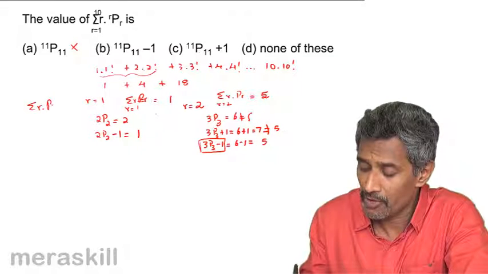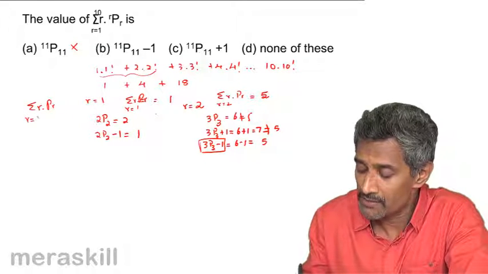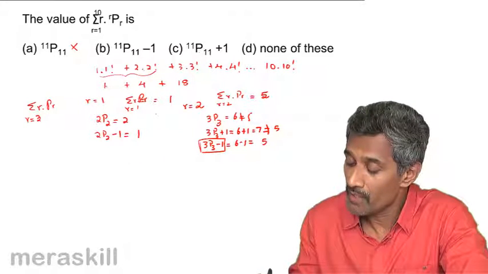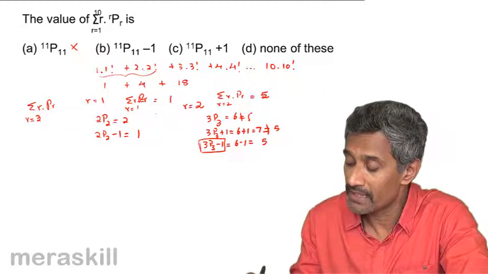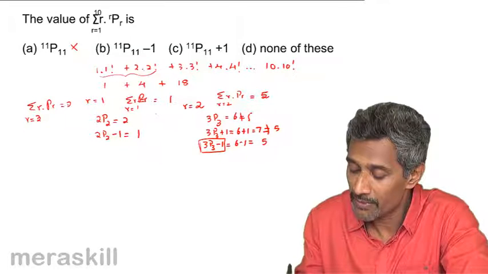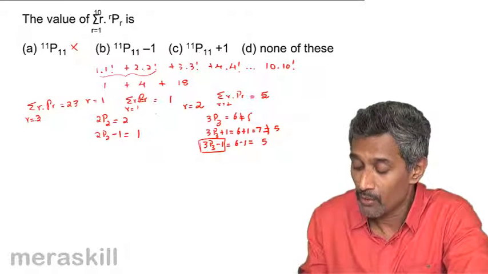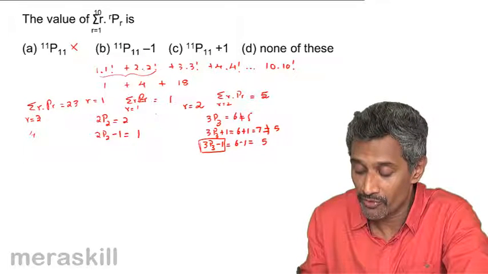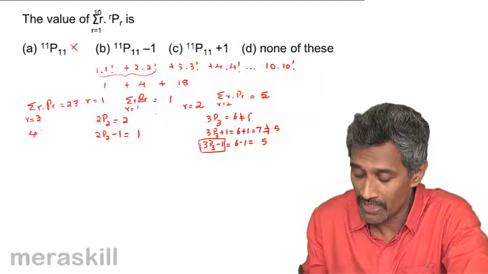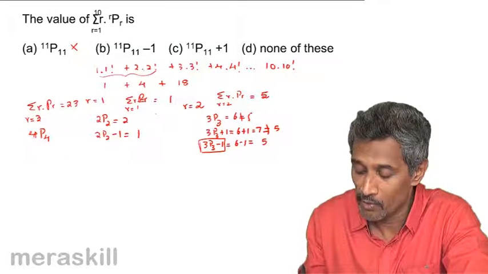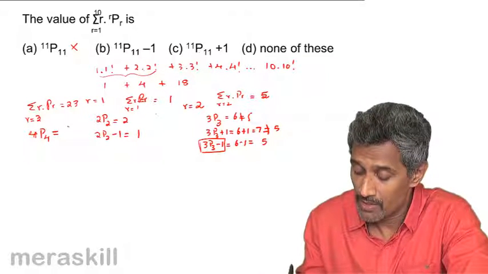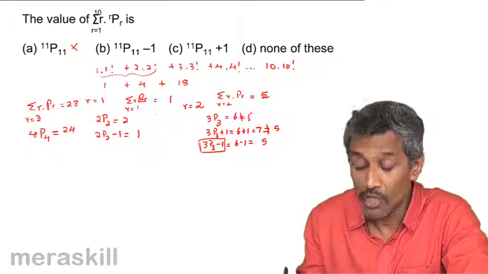We can even try for the summation of R into RPR when R is equal to say 3. In that case, it is going to be 1 plus 4 plus 18, 18 plus 5, 23. And let's check what is 4P4, because you're going to increase R by 1. So let's check 4P4. 4P4 is nothing but 4 factorial, which turns out to be 24, which is not 23.